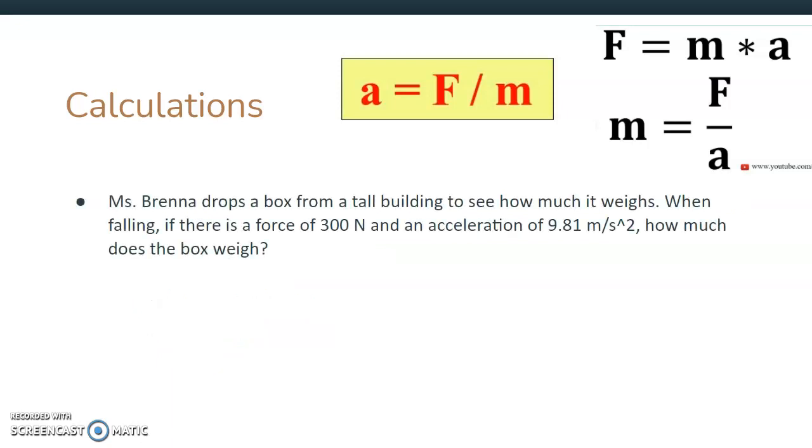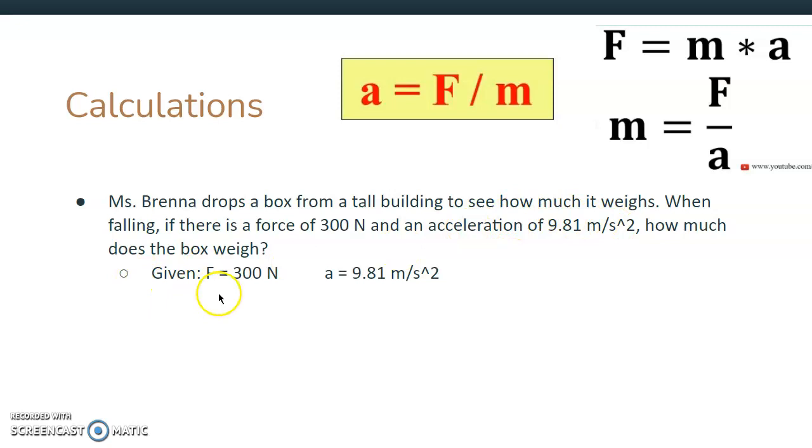All right, our next example is Miss Brenna drops a box from a tall building to see how much it weighs. When falling, there is a force of 3,000 newtons and acceleration of 9.81 meters per second squared. How much does the box weigh? So what we're given is a force of 3,000 newtons and an acceleration of 9.81. This is gravity, like we mentioned earlier.